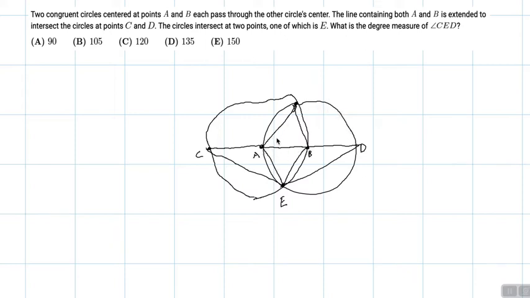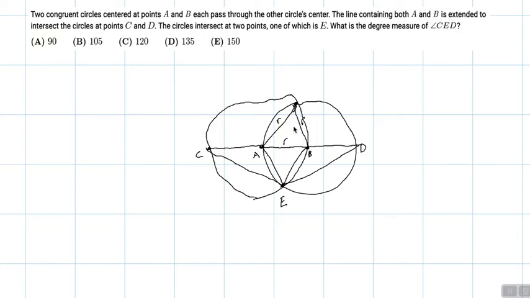We're talking about the circle centered at B. So therefore, this length has to be R. And now if we consider the circle with center A, this is going from the center of this circle to the outside. This is also R, that's a radius. And same deal here, center here, going to the outside, this is R.